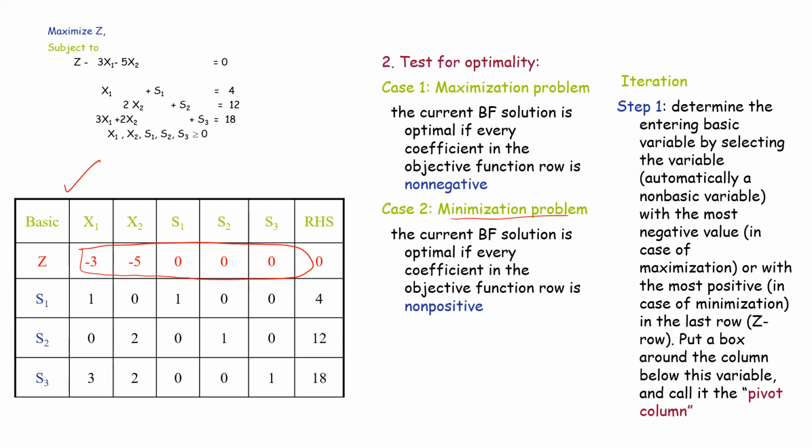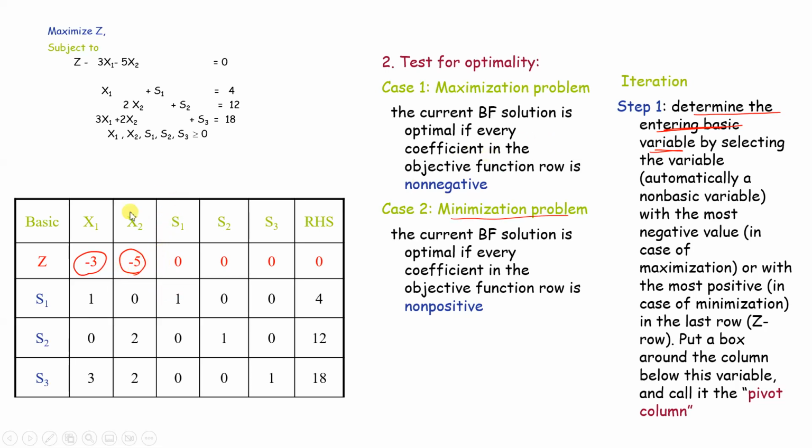And if we do not have an optimal solution, then we have to do an iterative process. So how to do that? For this, we have to determine the entering basic variable. Initially we have these three basic variables, and our solution is not optimal because we can see negative coefficients in row 0.